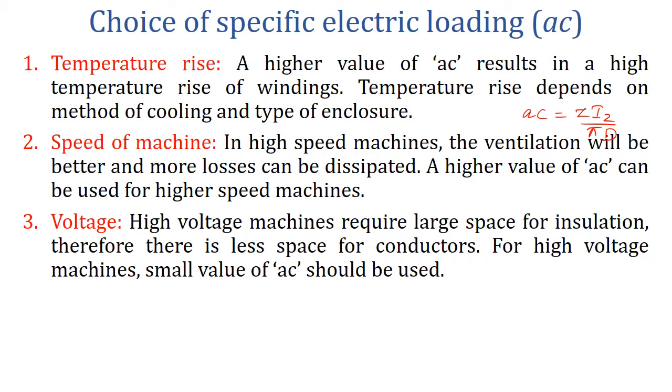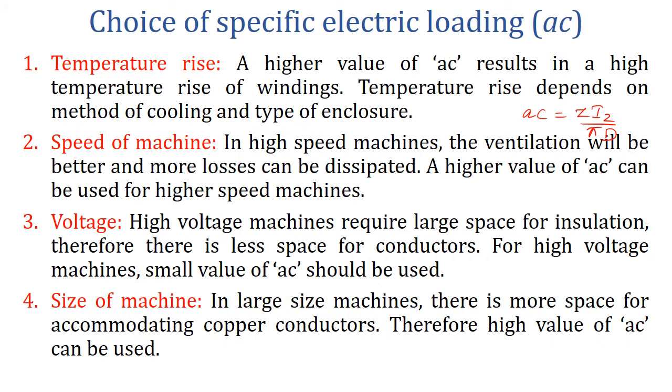So Z cannot be increased further if we are using a high voltage machine. So for high voltage machines, small value of AC should be used. Next point is size of machine. In the case of a large machine, there is more space for accommodating copper conductors, so we can use a high value of AC.